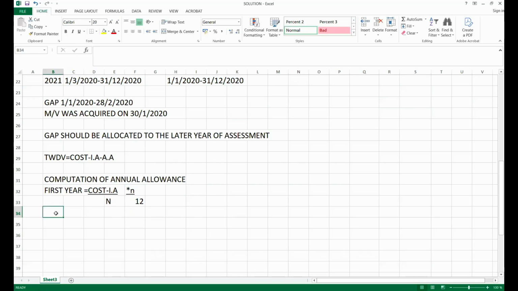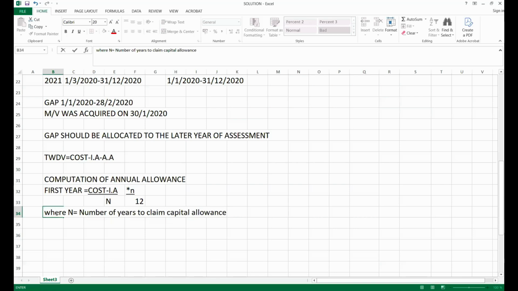So where our N? Big N is what? Number of months. Number of years to claim capital allowance.